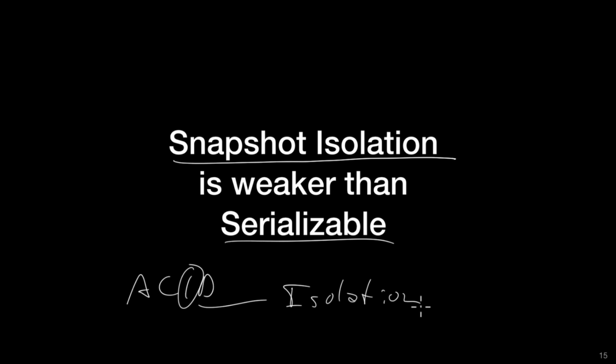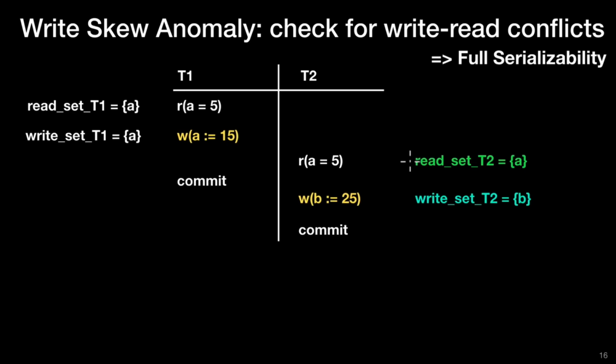The I in ACID, you remember ACID from the previous video, that is isolation. And when you hear full serializability, that is not what snapshot isolation is about. So snapshot isolation is slightly weaker, and I will show a case why that is.